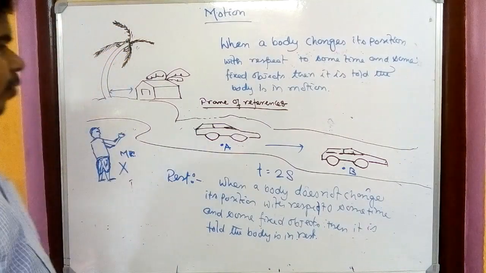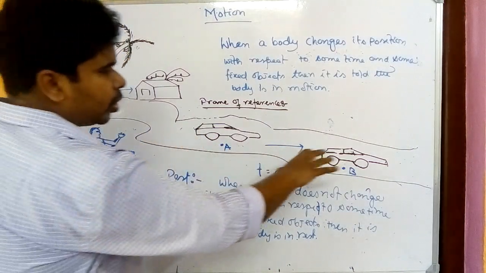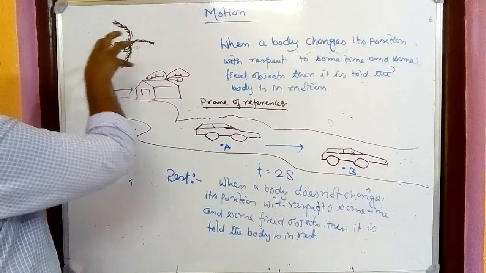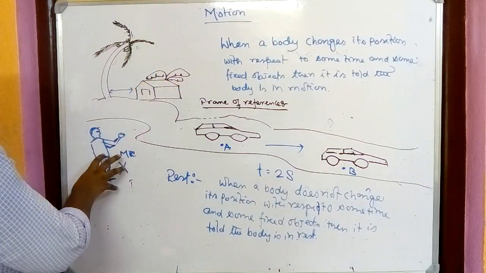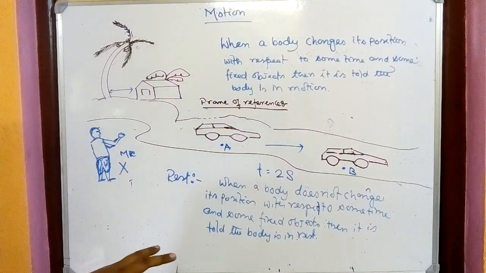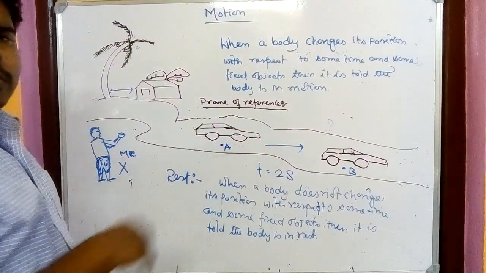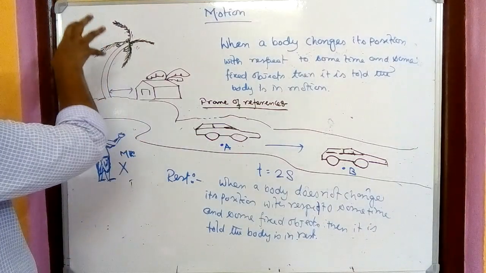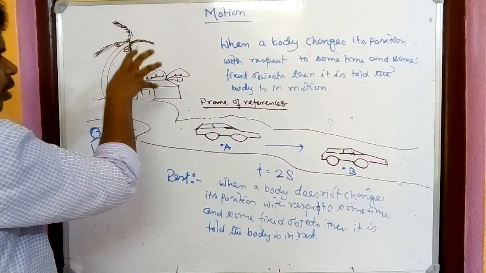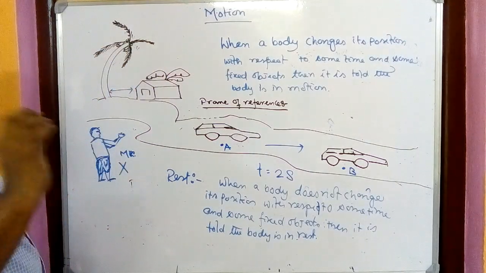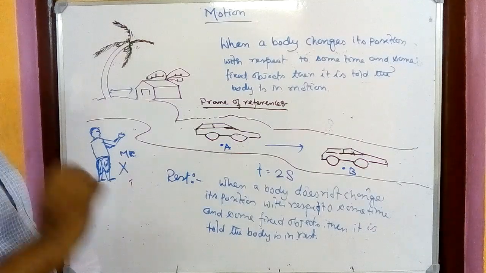Just like when we talk about the motion of the car, we say with respect to the tree, the house, the man, the car is moving. So they are the reference. With respect to them, the car is moving. When we talk about the tree, with respect to the house and the man, the tree is static. It is not changing its position.